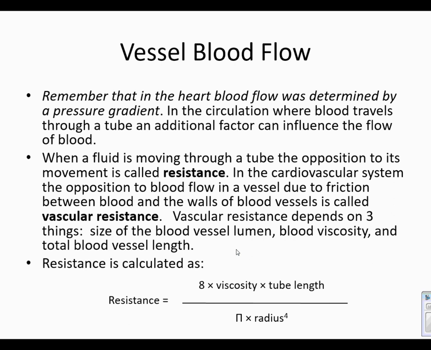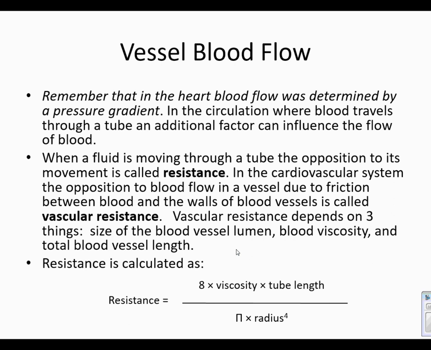In our blood vessels, or in our circulation, as we'll say here, there's tubes or tubing that influence the flow of blood, and therefore an additional factor is present. There's an opposition to the flow of fluid through a tube we call resistance.